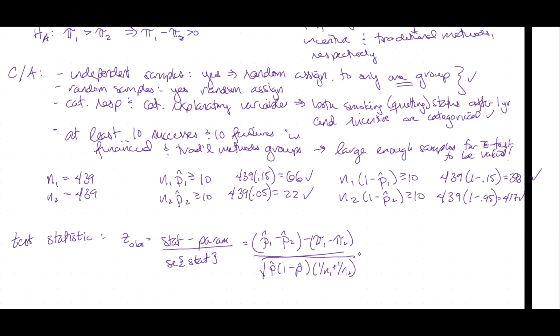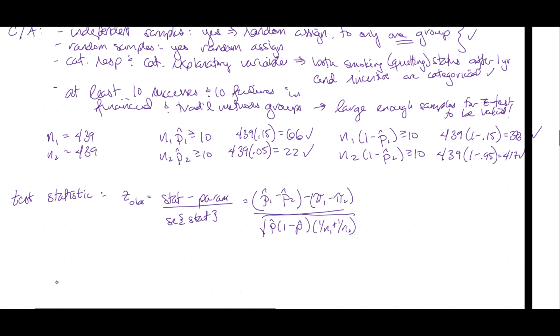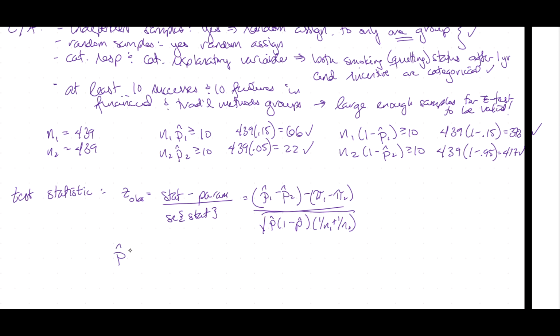If for real pi 1 and pi 2 are the same thing, as we believe under the null hypothesis, then we're going to take all of the successes in group 1, all of the successes in group 2, and add them together and come up with one overall estimate for the true proportion of people who quit smoking regardless of their method. So p hat is that estimate. So p hat is the total number of quitters divided by the total sample size.